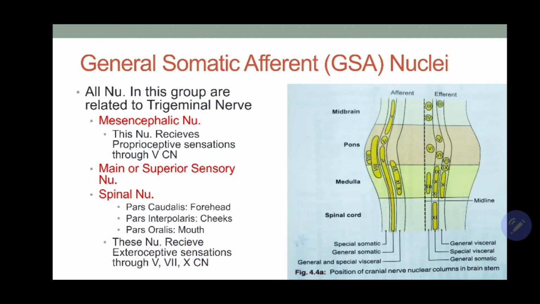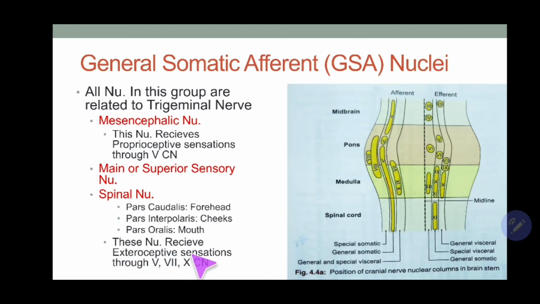So that area is pars oralis. That's placed above there. And in between you have pars interpolaris, that represents the area of the cheeks. I have made a slide for this. I'll explain it once again. Although it has already been explained, when you want to go into the details, you can check my lecture on the trigeminal nerve. There also I have taught you about this.